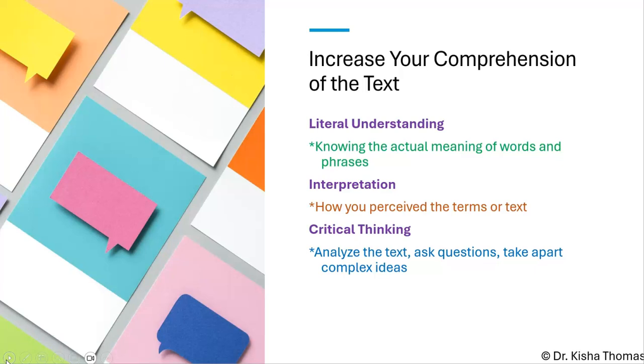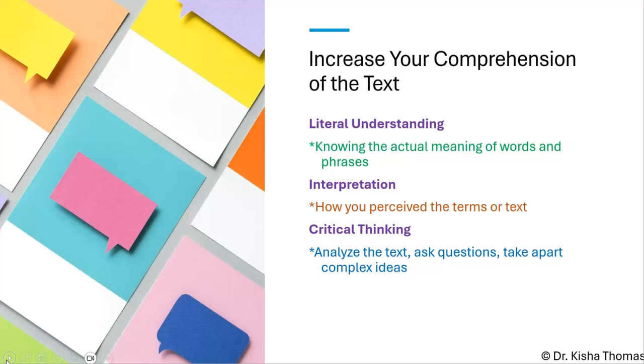So often students ask me, how can I improve my vocabulary? How can I improve my writing? And the way that you can improve vocabulary and writing is through reading and writing. I know that sounds a little bit redundant, but it's the truth.